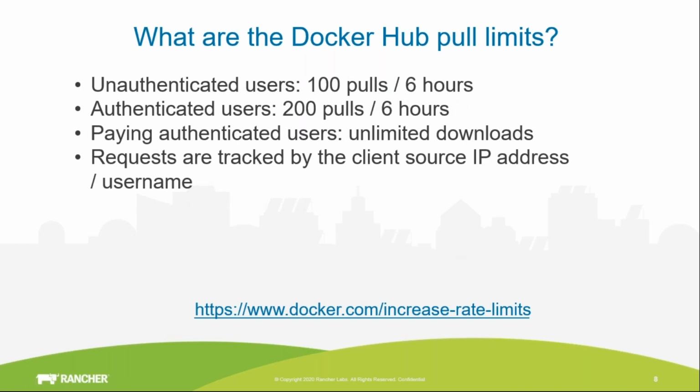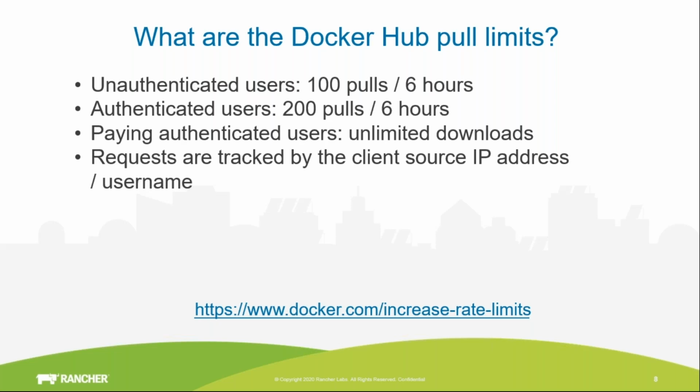So what are the limits? This is the million-dollar question. These are what Docker Hub has officially posted. From my experience, they're a little loose on these rules, so don't take them as absolute truth, but more as guidelines. The key thing to remember is Docker Hub penalizes you if you do not authenticate. So if you don't have an account, you are taking a penalty.